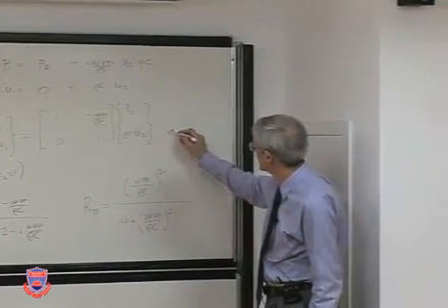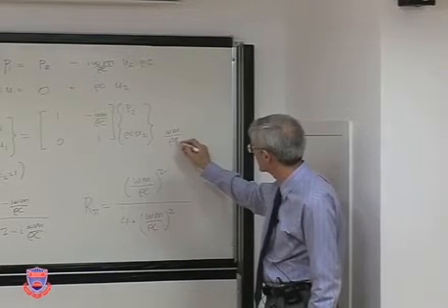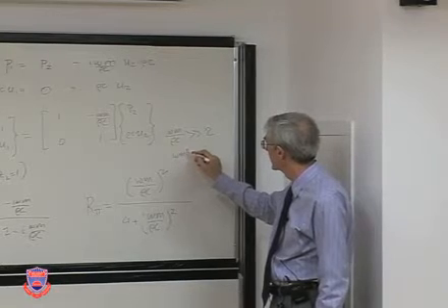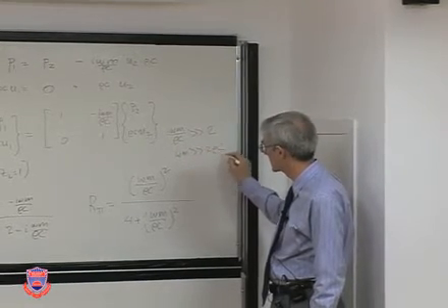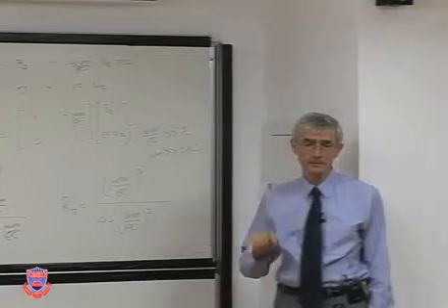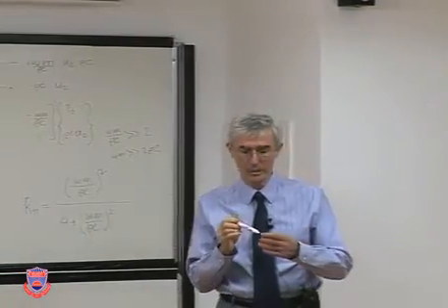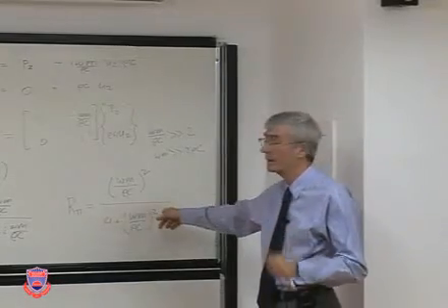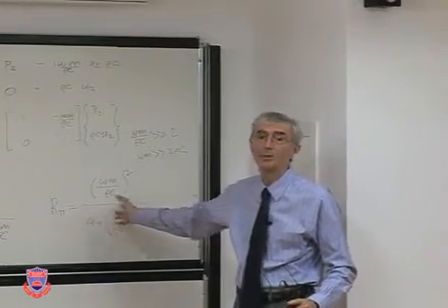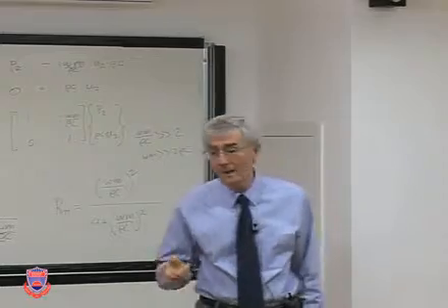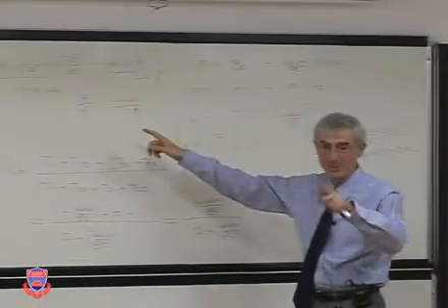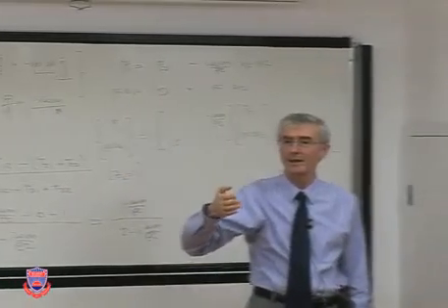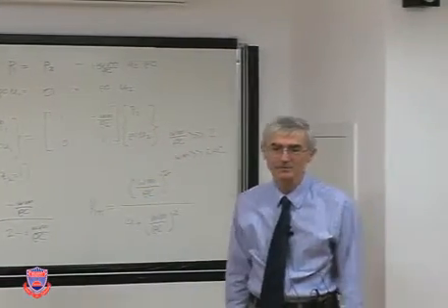In this case, if omega m is much larger than 2 rho c, then sound will go straight through the membrane. Sorry, I mean it will come back. Why? At high frequencies, impedance is very, very high. It can't move it.